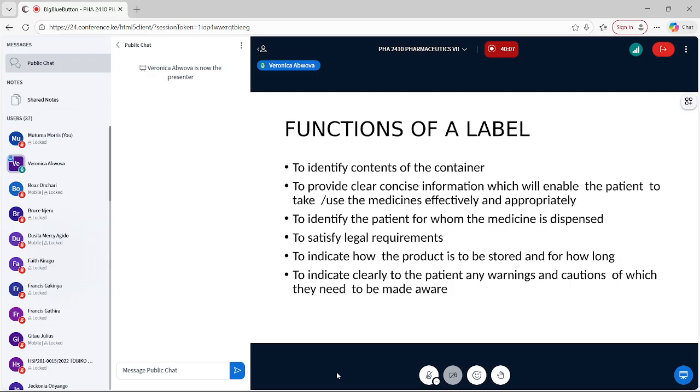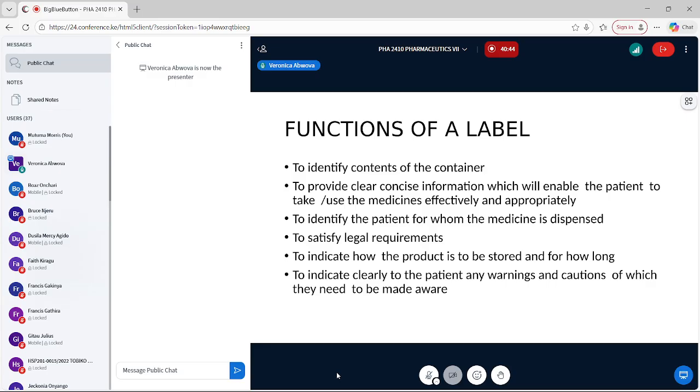So what are the functions of a label? It is for identity, to identify the contents of the container. Remember, as I mentioned, we've had scenarios whereby a child has consumed something and we don't know what it is, which is very hard to treat because if someone has consumed a poison, the management will be largely determined by what has been consumed.